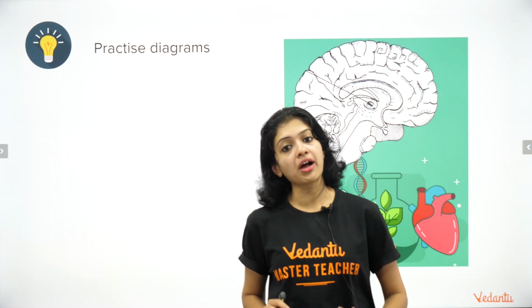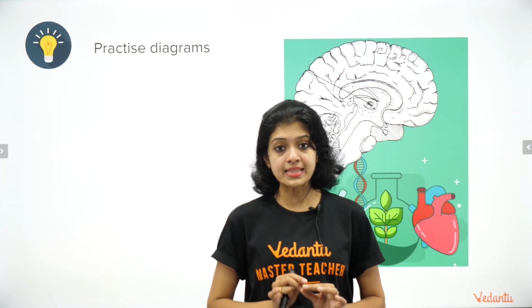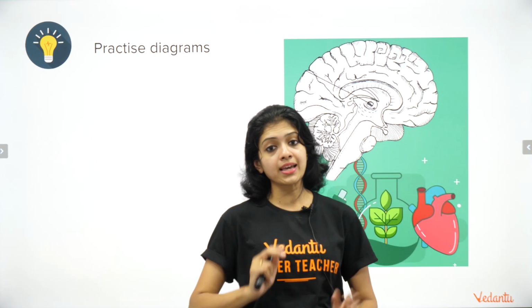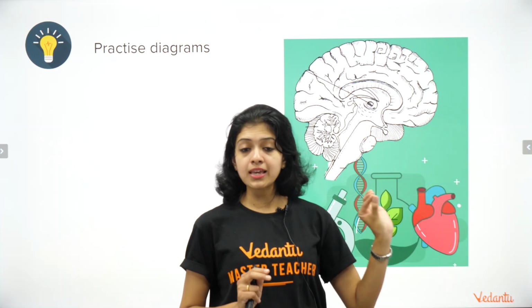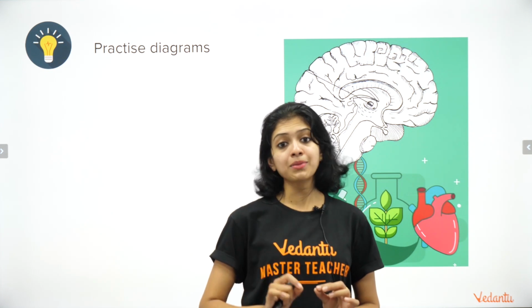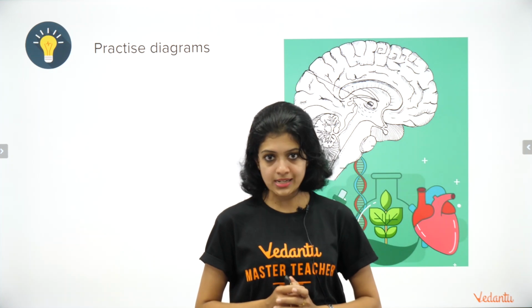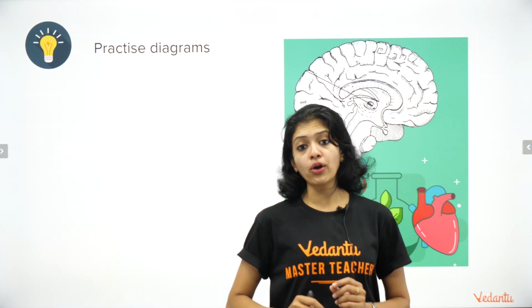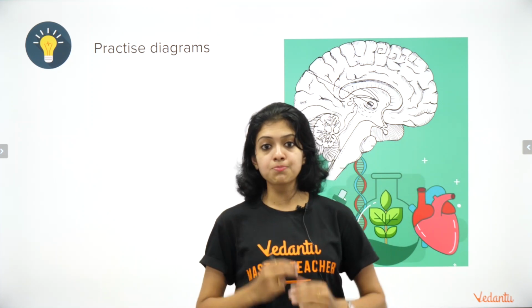And just in case you're asked to draw and label a diagram, make sure that you draw it very neatly with a sharp pencil, and that all your labels are at the same level, preferably in block letters, so that the examiner or the teacher evaluating your paper can read what you have written, right? And make it a point to write the heading or the name for each diagram just below it and underline it. All right?